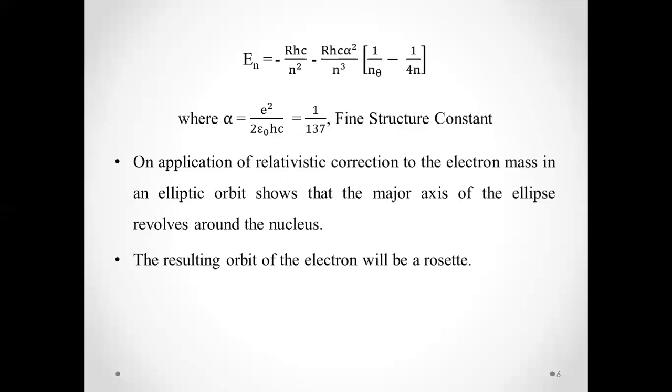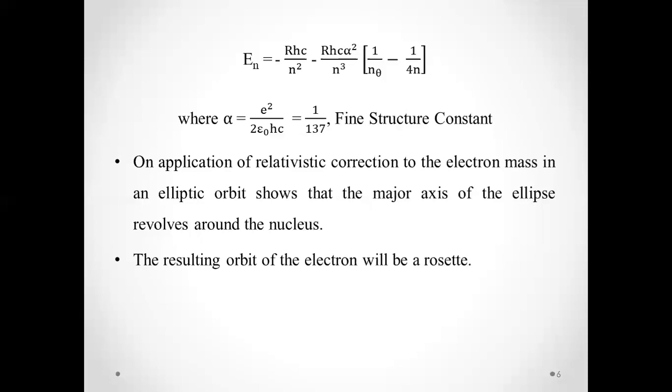Now in this expression, alpha is given by e square divided by 2 epsilon naught h c, which takes the value of 1 by 137, which is called the fine structure constant.